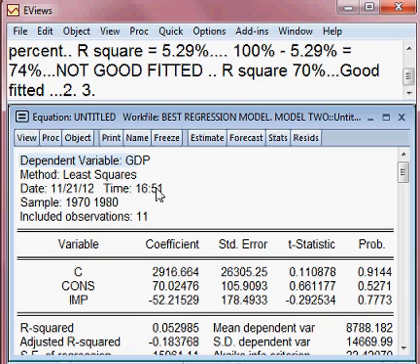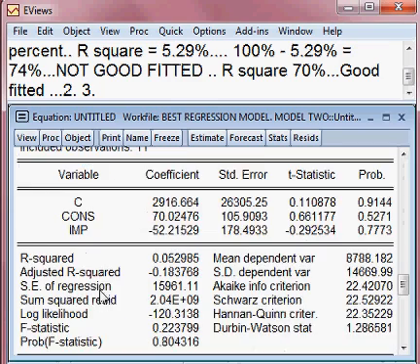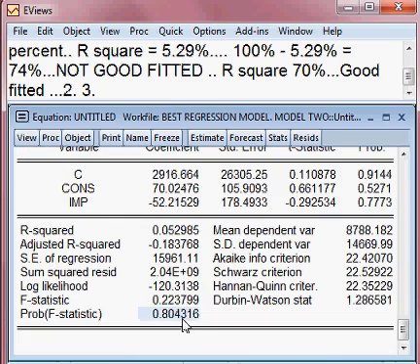So we are not happy about this model, because the F statistics is not significant. It should be significant to become a good regression model.